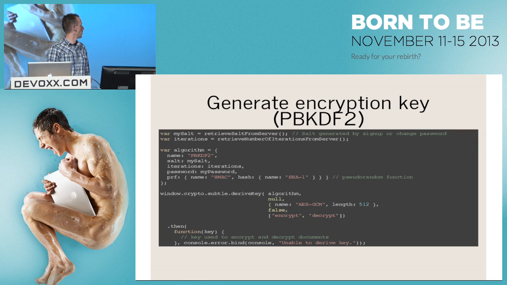Then we specify what type of key we want to generate. In this example, we want to use a symmetrical key, so here I chose AES-GCM. And we have to specify the key length, and of course if it's extractable and what operations we want to do with the key. If the derived key has finished, we can use the key to decrypt or encrypt our documents.